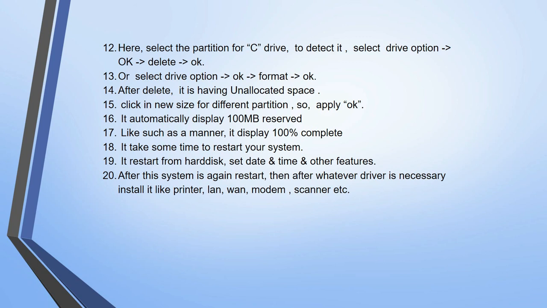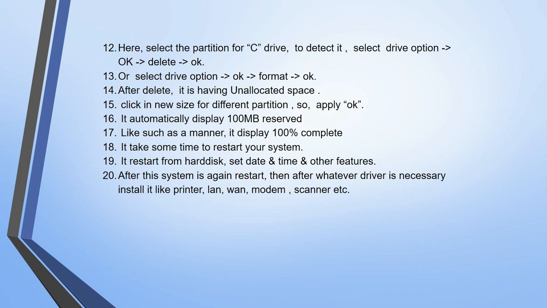And if you store important data on your D and other drives, meaning your hard disk is partitioned with C, D and E, then your important data are available inside your D drive and E drive, no problem. You will recollect all the information from D drive and E drive.